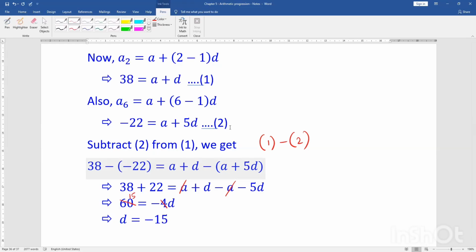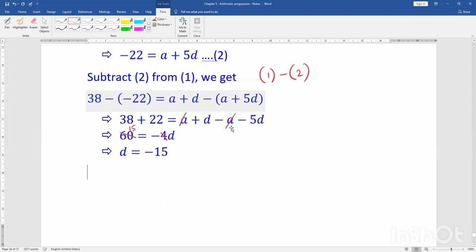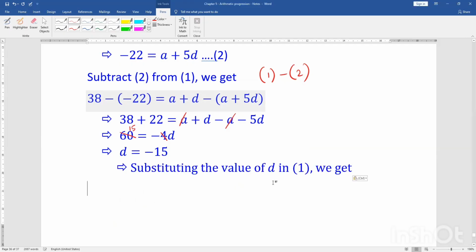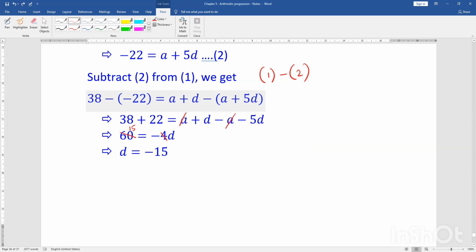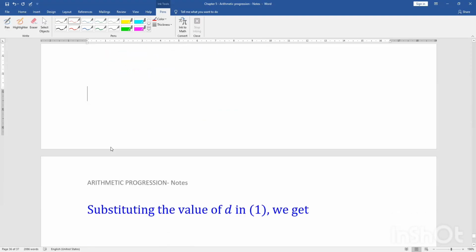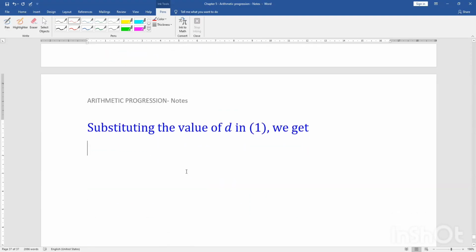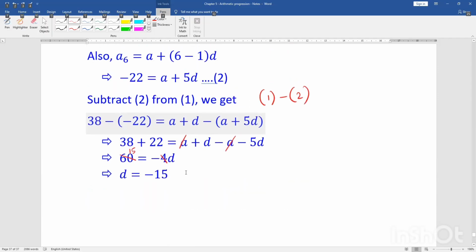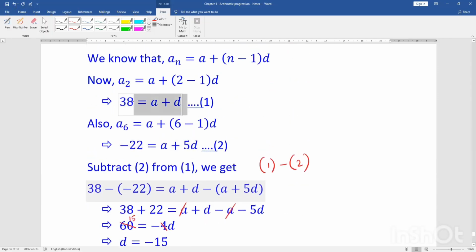And then we are going to substitute the value of D in equation 1. So let us do that. Let me do it on the next page, better. Okay. Substitute the value of D in equation 1. So what is equation 1 here? Let us take that equation 1.